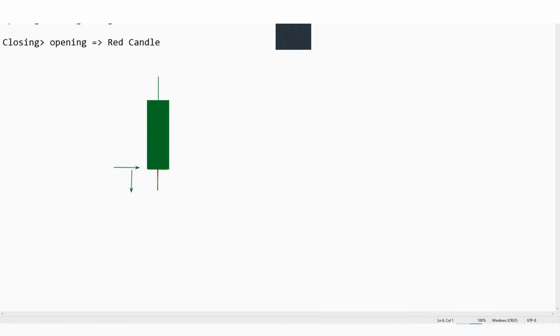But if I talk about the red candle, then it actually opens like this and starts moving up. Whenever it starts moving up, the candle color is green. After that, if there is any selling pressure, it tries to move down. Whenever it crosses the opening of the candle, it looks like a red candle. So you will get a red wick over here, a red topping tail.